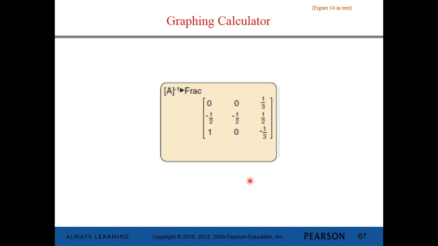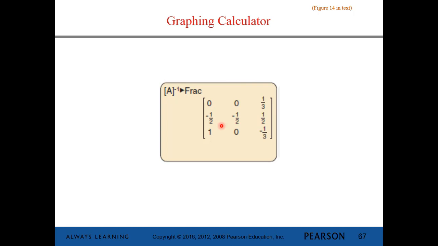Now on the calculator we can do the same thing. It's very easy on the calculator. Once you plug your A matrix into the matrix menu under edit, all you have to do is select A inverse under your math options for matrix, and then go under math options for fractions to change everything to fractions and hit enter, and you're done.